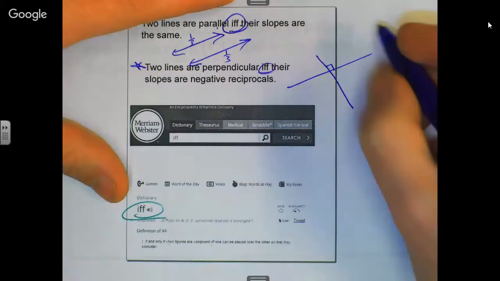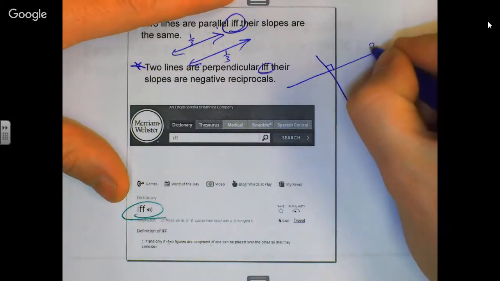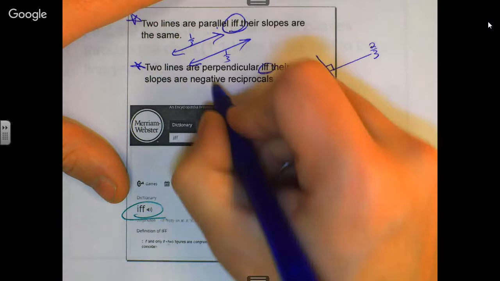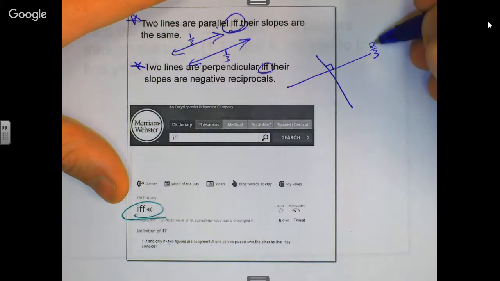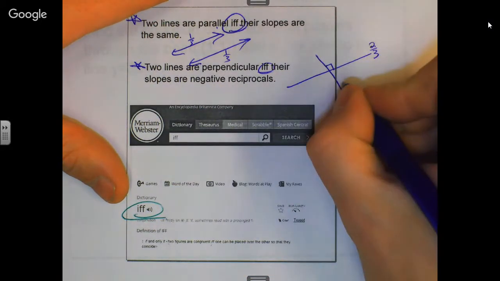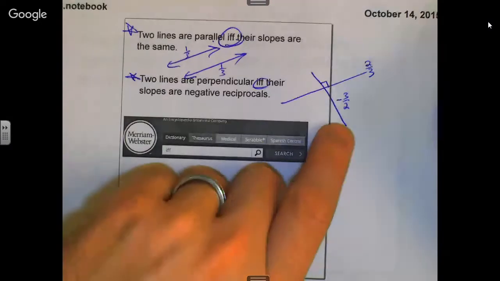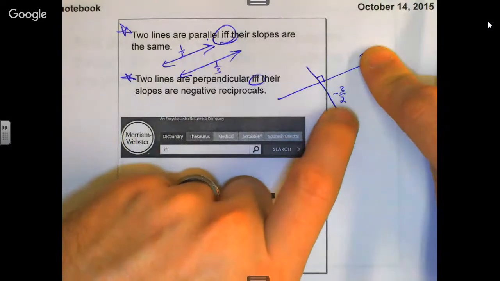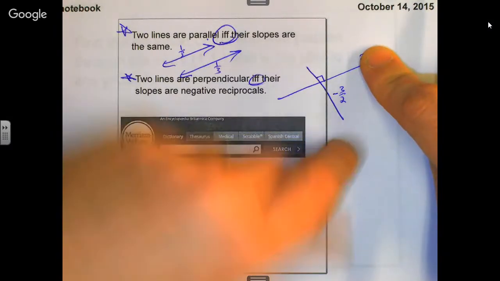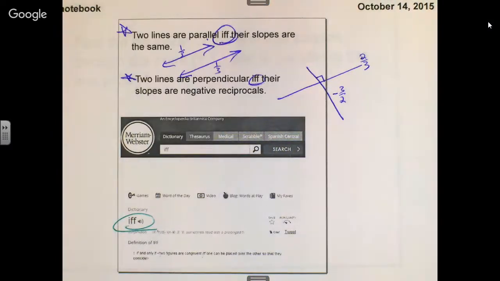Well, negative reciprocals: if the slope of this one is 2/3, the negative reciprocal would be flipping this one over and changing the sign. So this would be -3/2. Okay. Likewise, going the other way.